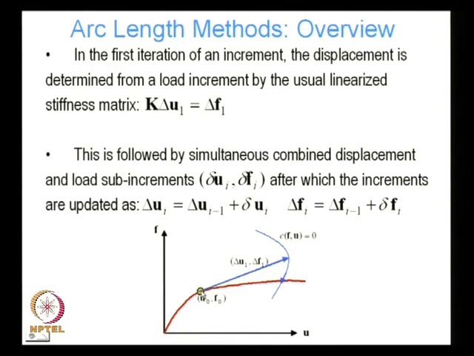So, this is my equilibrated state u0, f0, and from here I have taken an initial increment delta u1, delta f1. How did I calculate this? I got my delta f1, which was my force increment, took my tangent stiffness here, inverted it, and took the product with delta f1 to get my delta u1.